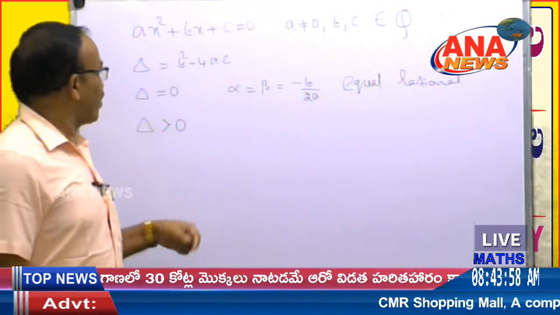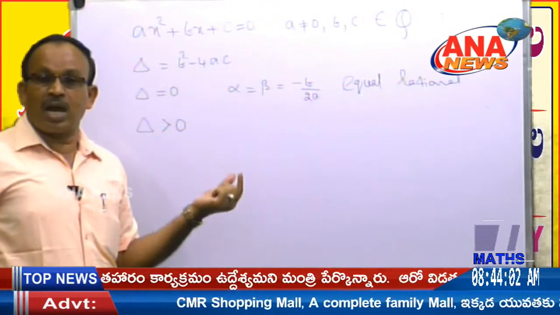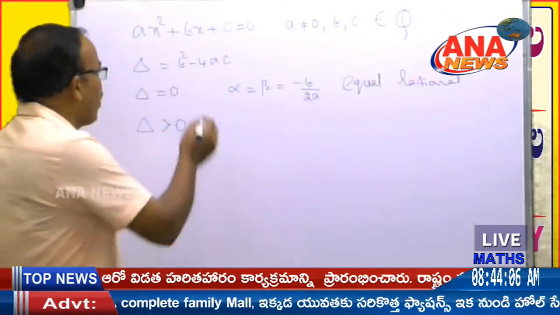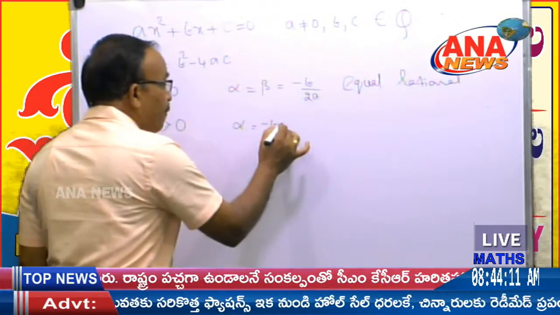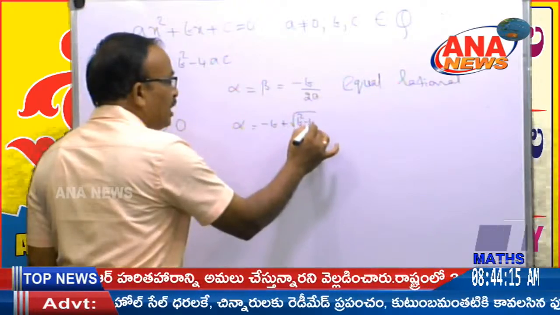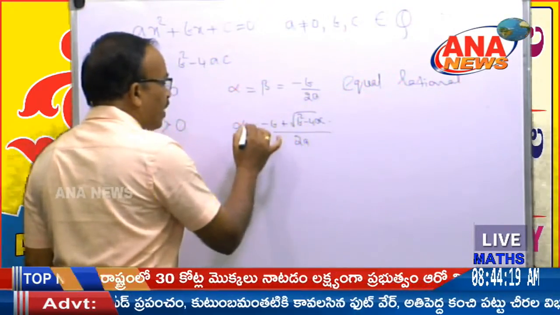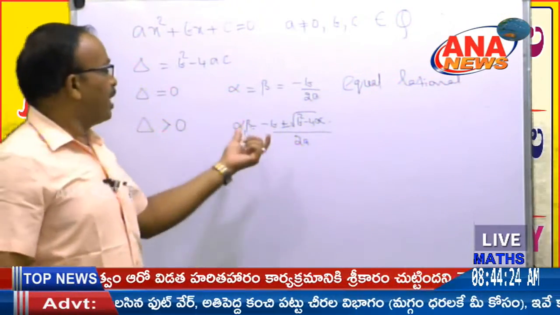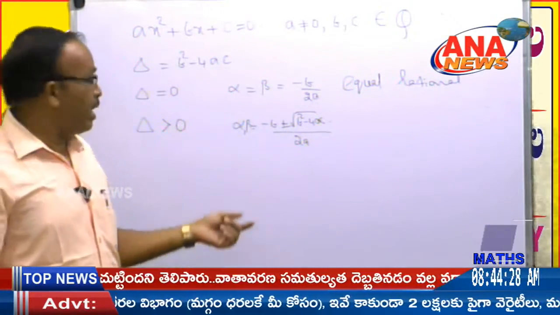So if it is a perfect square, that is either 1 or 4 or 9 or 16, 25 like that, then alpha, beta are minus b plus or minus root over b square minus 4ac, whole by 2a.